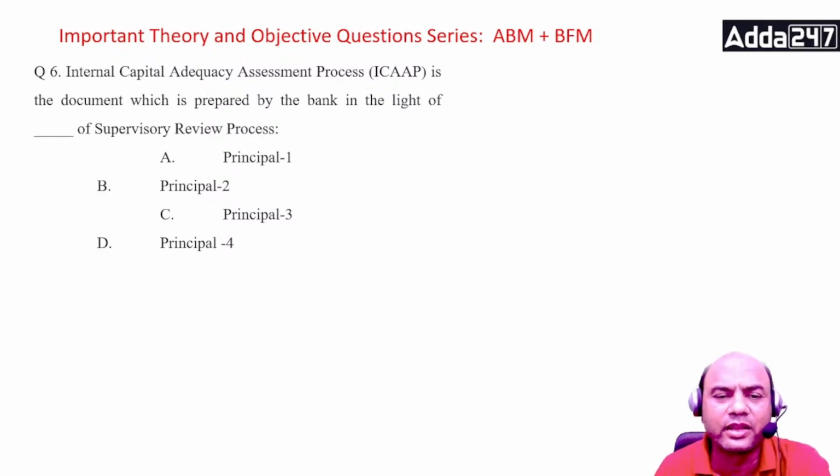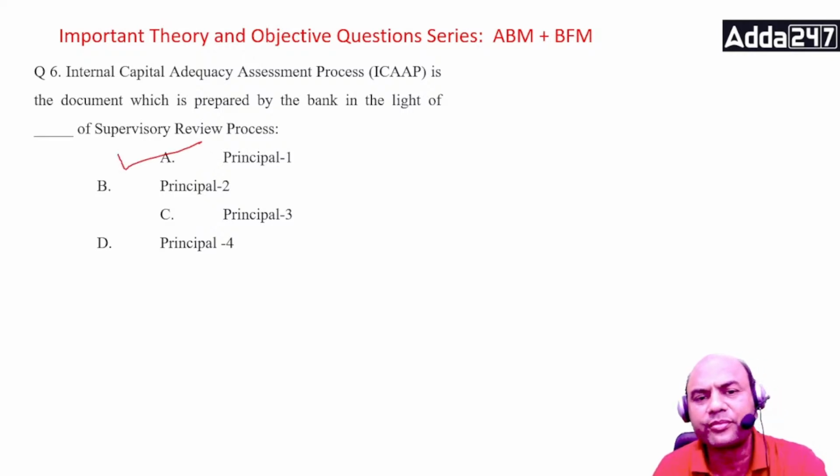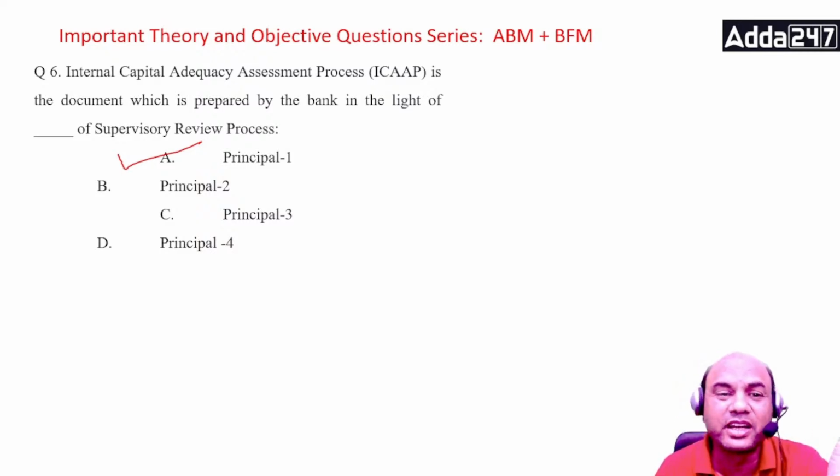I generally covered them in the paid classes. I can just give you the answer here, because it's very difficult. You can check it on Google also. So the answer is, ICAAP is in line with Principle 1. Someday later I'll take this whenever we get some detailed time, because otherwise it will eat up a huge amount of time.